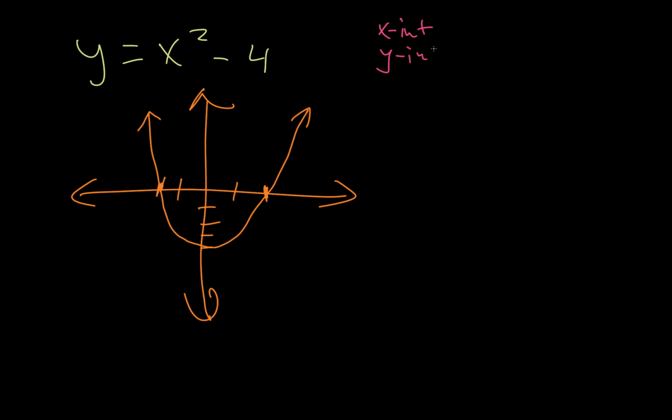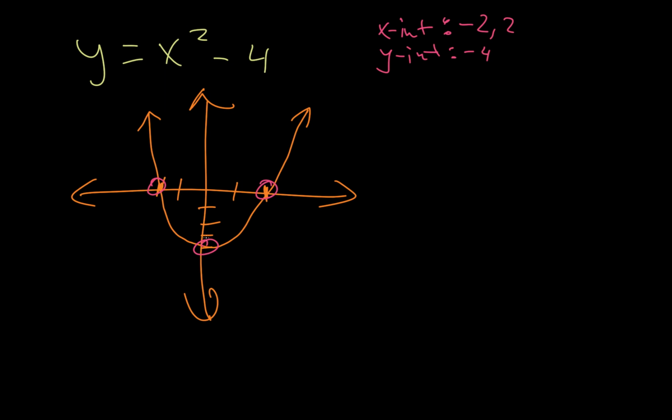So x and y intercepts. So x-intercepts, we have one here and one here, and we have a y-intercept right here. So the x-intercepts are negative 2 and 2. The y-intercept is at negative 4. And then increasing and decreasing interval.